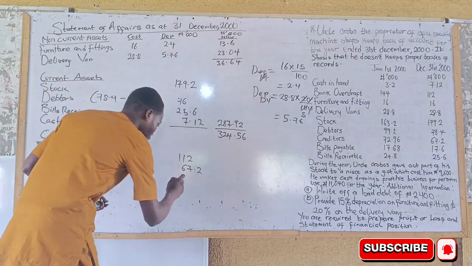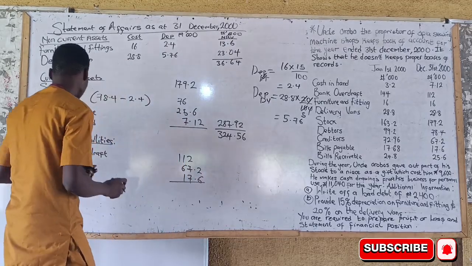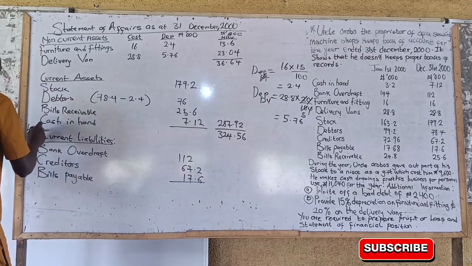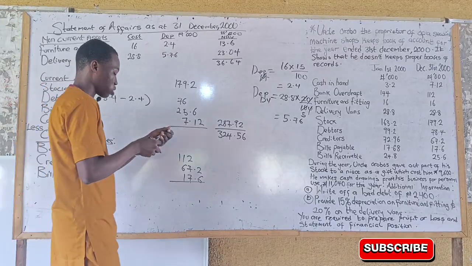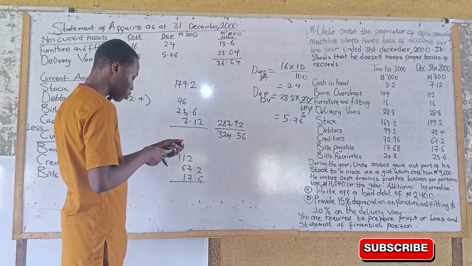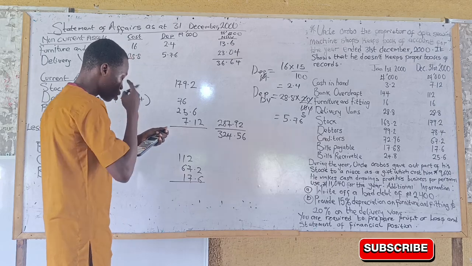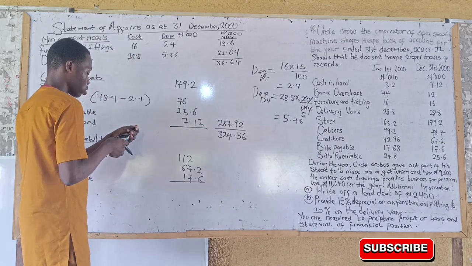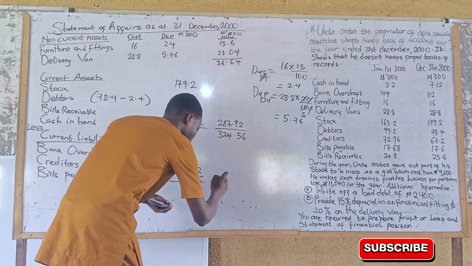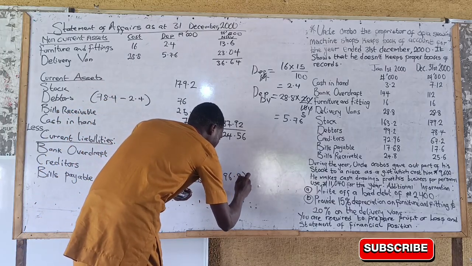At the end, we have 17.6. Adding this up, don't forget we are adding current liabilities: 112 plus 67.2 plus 17.6. So that gives 196.8.